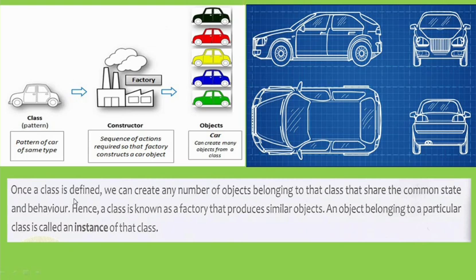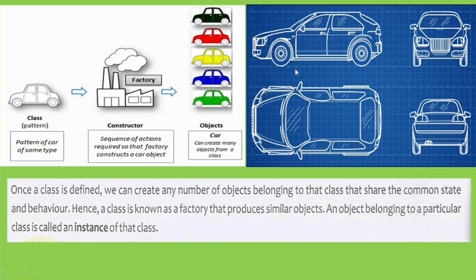So once we create the blueprint, because class is nothing but a blueprint, now we can create any number of objects belonging to this class. And that is why a class is called an object factory, or a factory that produces similar objects. So in the real world also this is what happens.